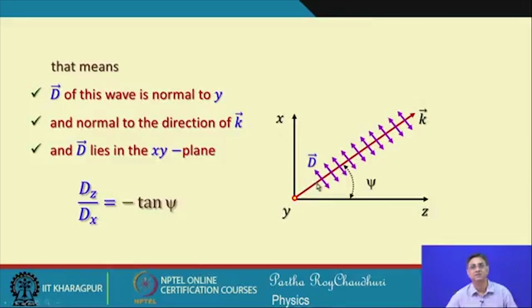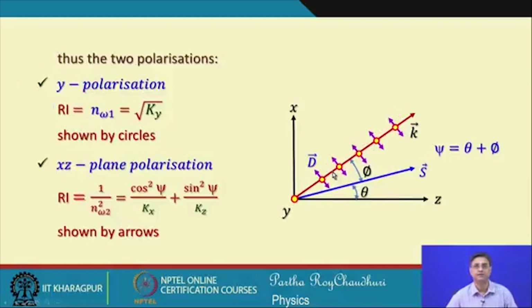So, because it will be directed in the negative direction of the z, dx by dz will give you this value of minus tan psi. So, the displacement vectors are inclined at an angle of psi with the direction of propagation of the wave.